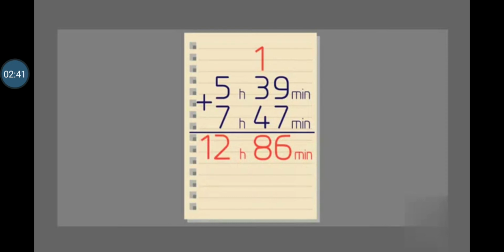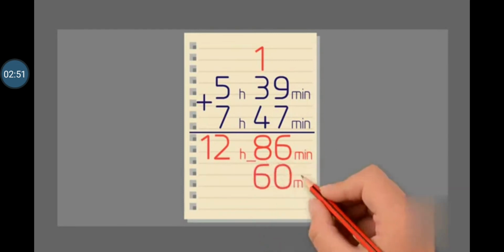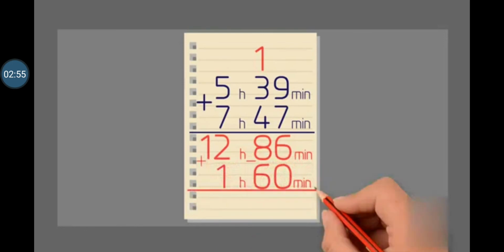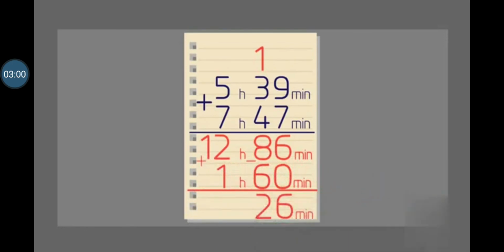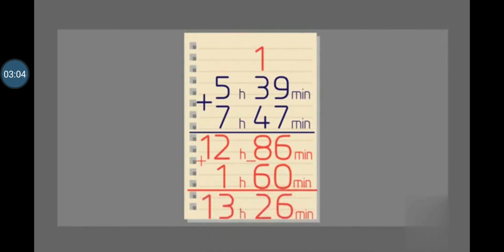We have to subtract 60 from the minutes, and that 1 hour we have to give to the hours. So when we subtract 60 from the minutes, and after adding 1 in the hours, we are getting 13 hours and 26 minutes.